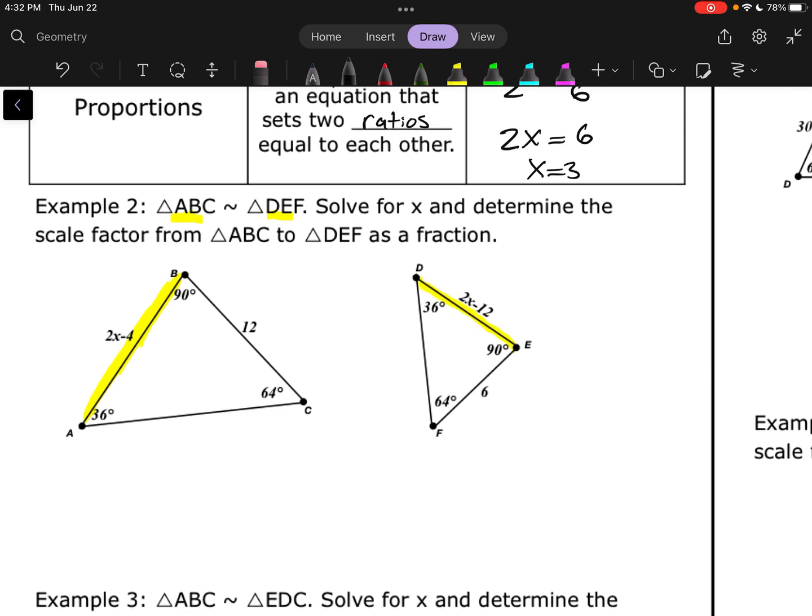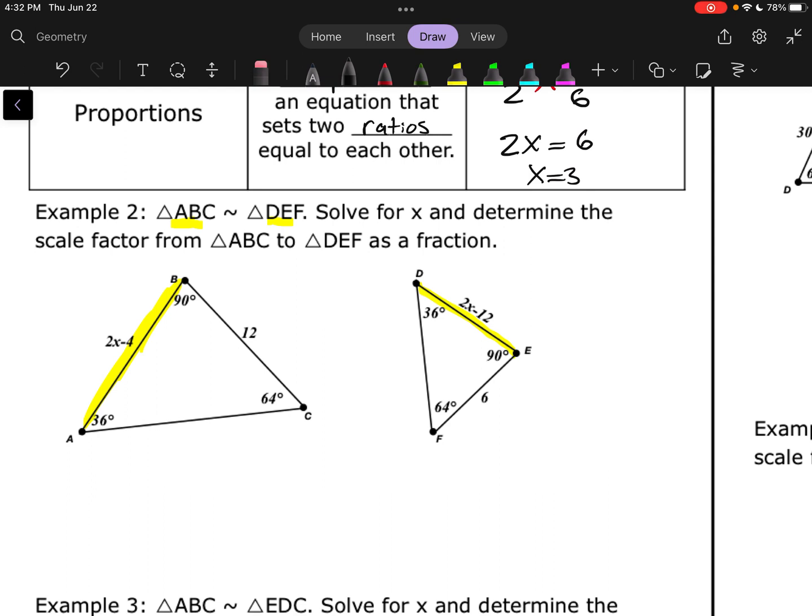So let's just go ahead and make a ratio out of that. So that would be 2x minus 4 over 2x minus 12. And we know that that should be equal to any other ratio that I set up using corresponding sides. So another side that I know over here is this 12. That's side BC.